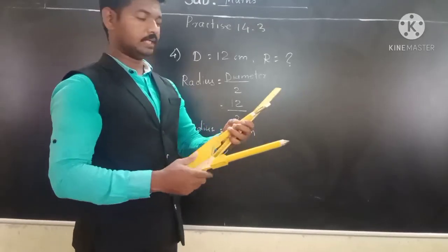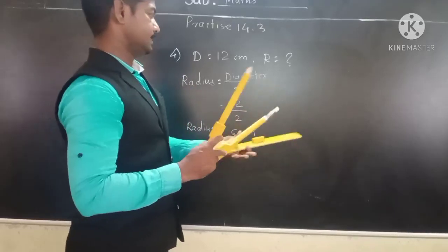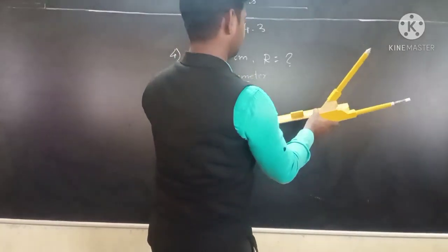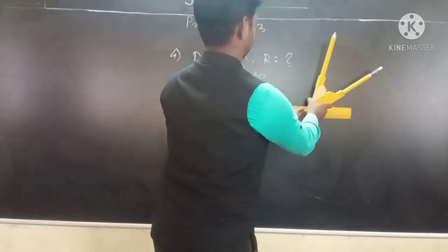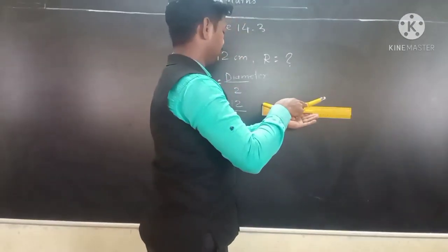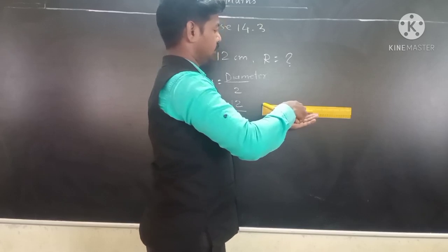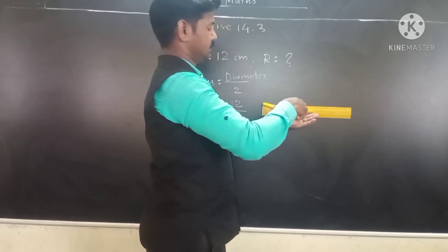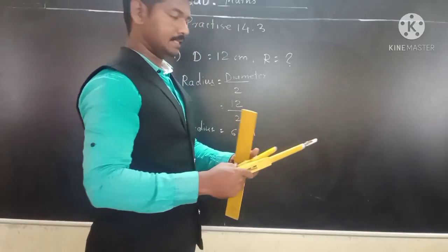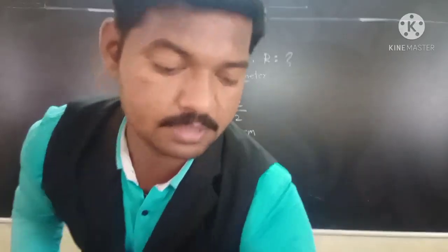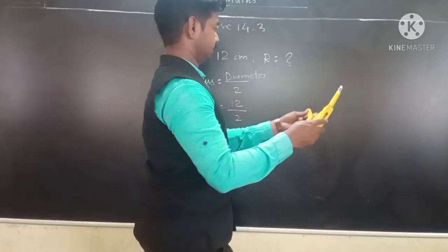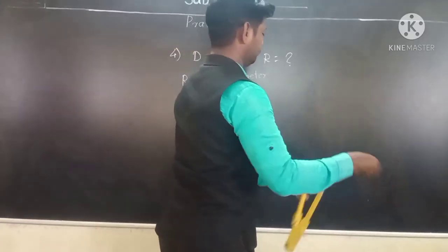Okay, so with the help of a pen we have to draw a circle. Here, in the same way, you have to take a distance of 6 centimeters in your compass. First you have to place the metal point on 0, then adjust the compass to 6. So with 6 centimeters you have to draw a circle. Here, point P is there.